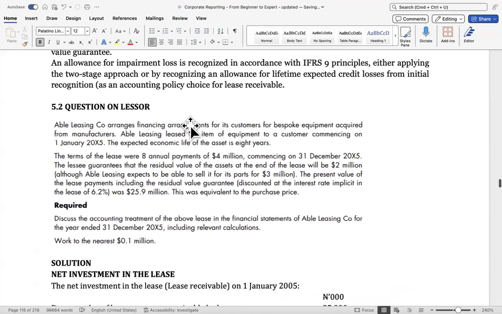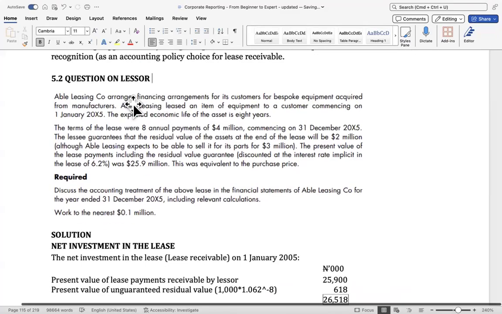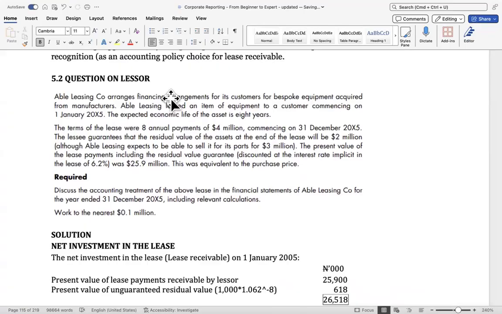So let's look at the second question. Able Leasing co-arranges financing arrangements for its customers for bespoke equipment acquired from manufacturers. Able Leasing leases an item of equipment to a customer commencing on 1 January 2005. The expected economic life of the asset is 8 years. The terms of the lease were 8 annual payments of 4 million commencing on 31st December 2005.